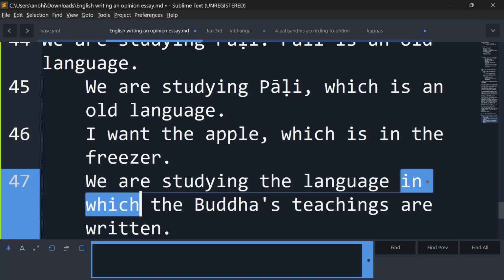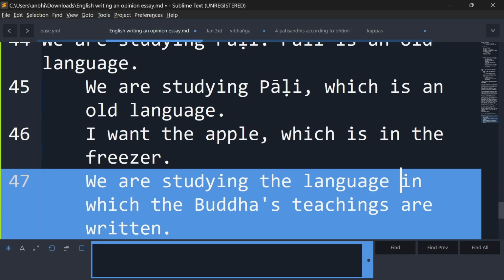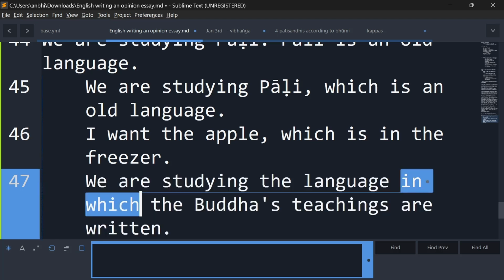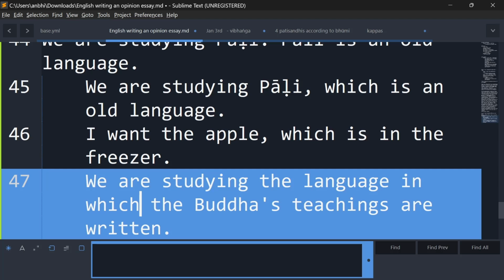Difficult. What is "in which"? Do you know? Yes, the meaning is the same, which. In which? What does which refer to? Language. Yes, okay. Which refers to language. Difficult, you see? Syntax is tough.